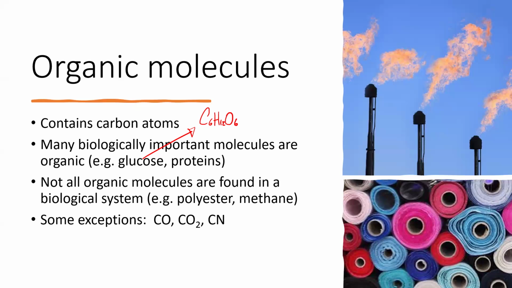That's right, cyanide, okay? CN is cyanide. Hydrogen cyanide, it's poisonous. We will learn why it is poisonous in lecture 5. Okay, so these are exceptions. Even though they have carbon in them, they are not organic. This is cyanide if you want to look it up later, okay? But we will learn about it.